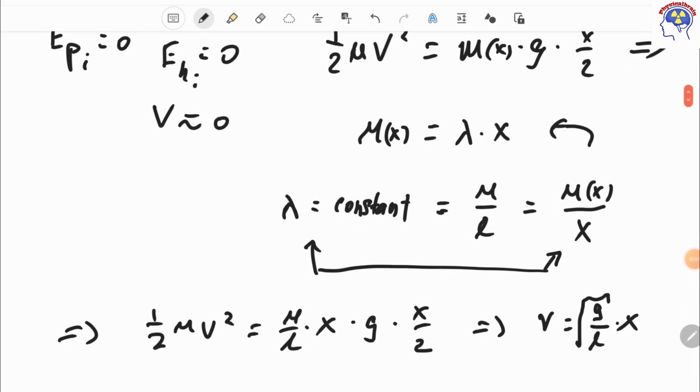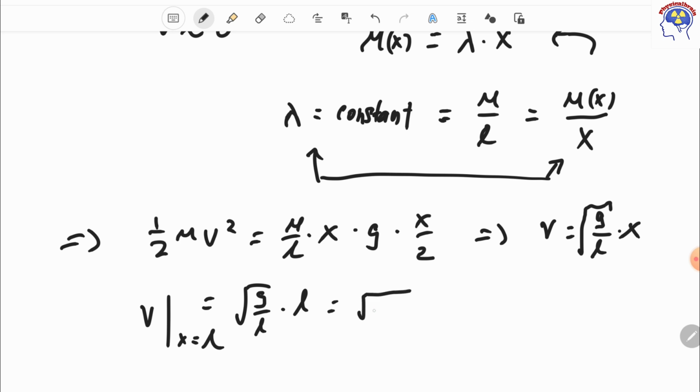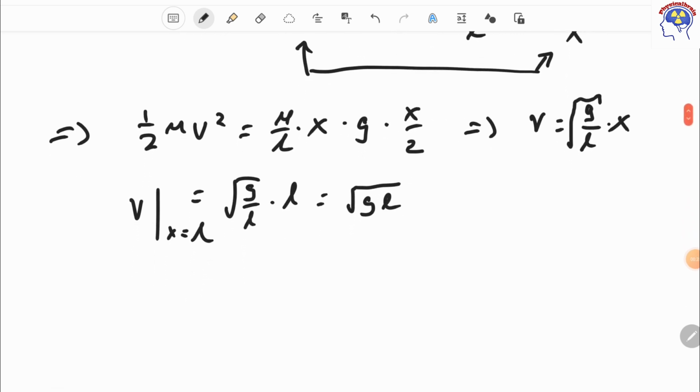Now the velocity when x equals L, we get the form root of g L times L, which equals root of gL. If we want to find the acceleration term, we know the basic relation is a equals dv dt.